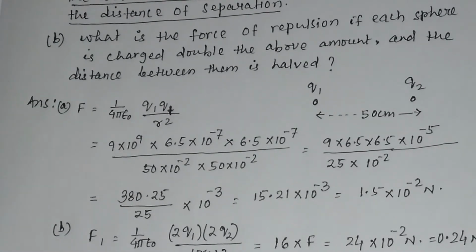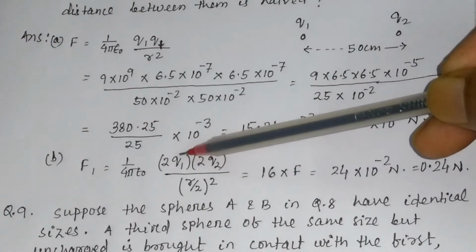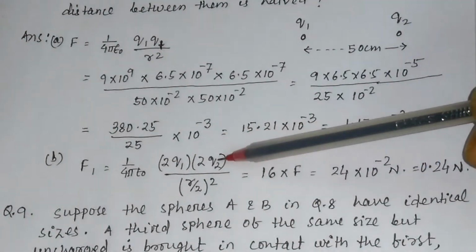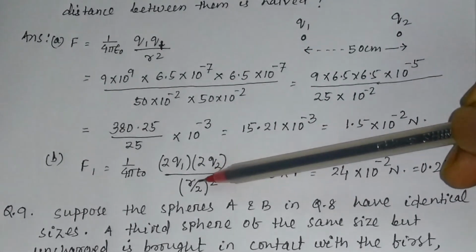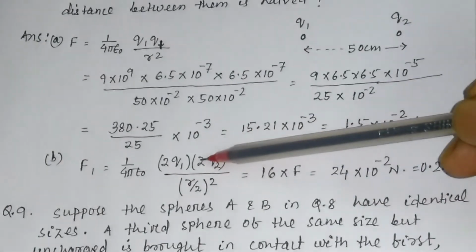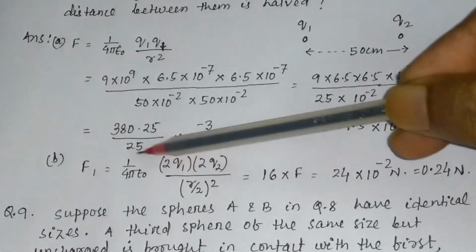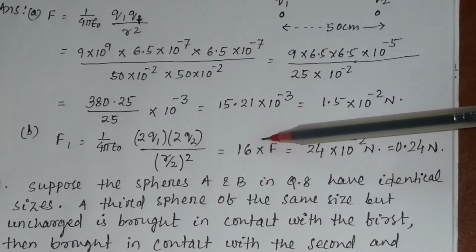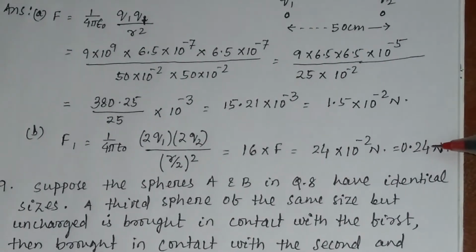Then the charge is doubled, so Q1 becomes 2 times, Q2 becomes 2 times, and the distance becomes half, so R by 2. If you put Coulomb's formula again, the force will be 16 times, so that will be equal to 0.24 Newton.